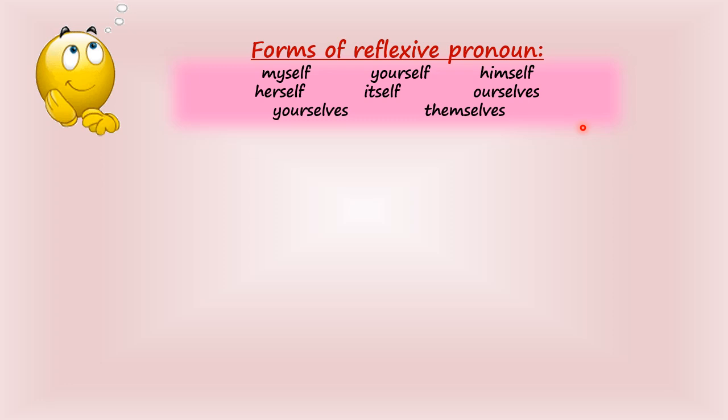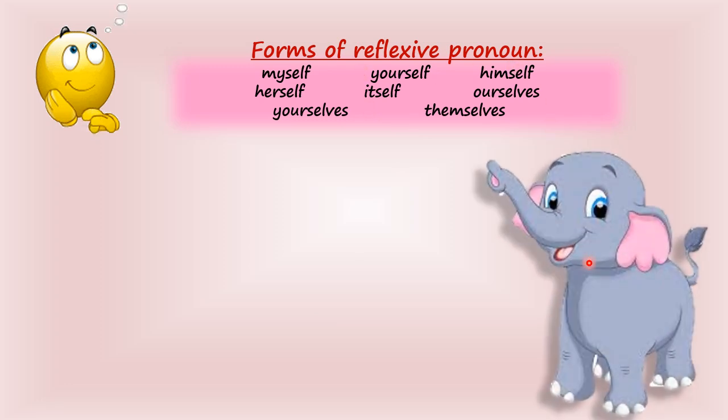Emphatic pronouns are very similar to reflexive pronouns. Then these points will help you differentiate both. And if you are clear with these points, then you will never make mistakes in reflexive pronouns. Yes, children. Now let's see what are the important points that we should keep in our mind. Points to remember.